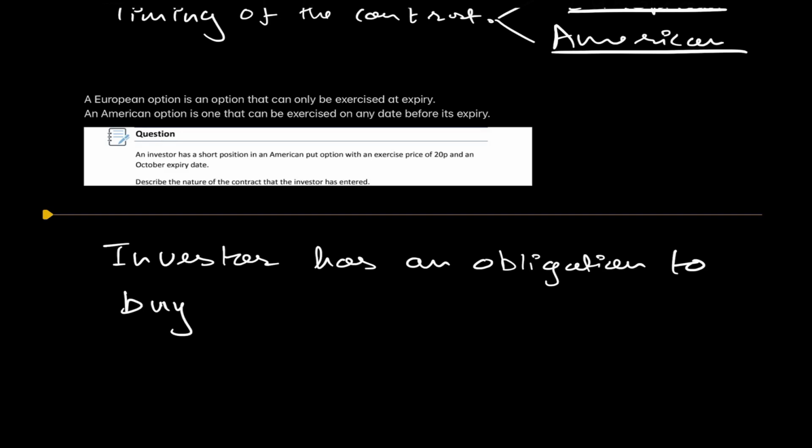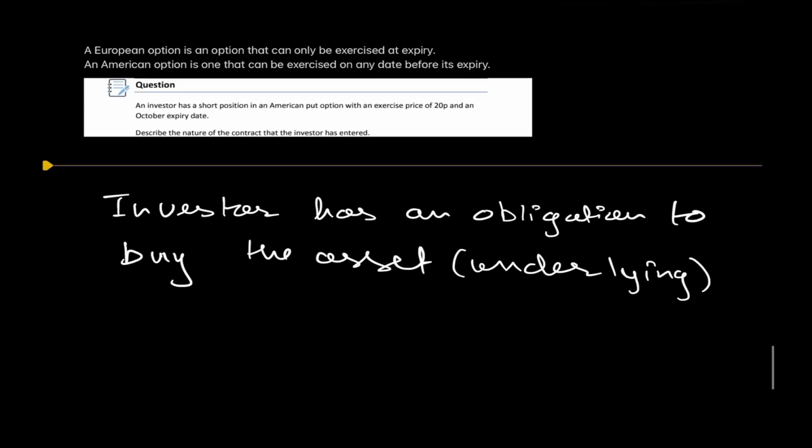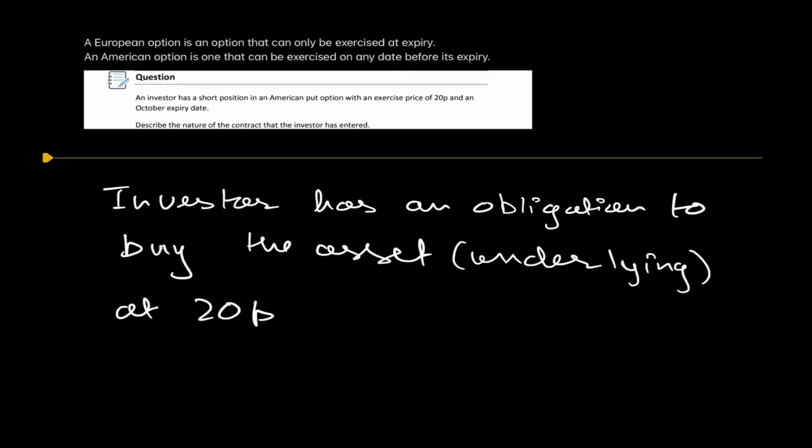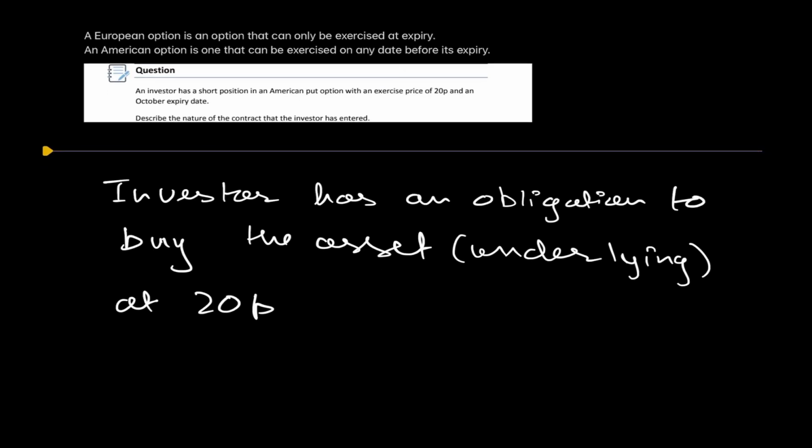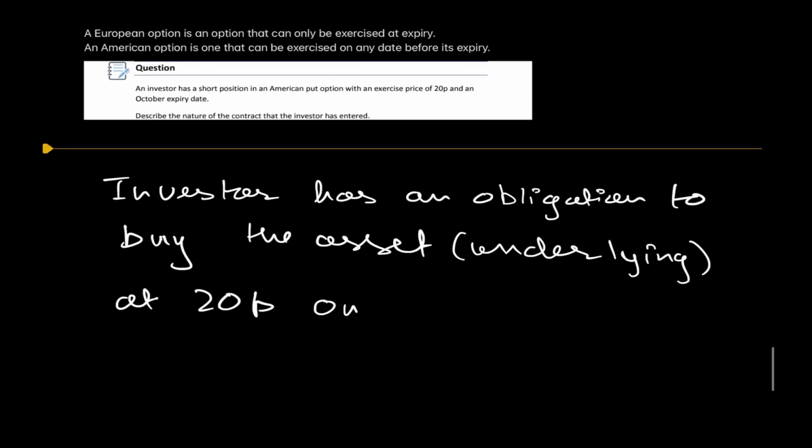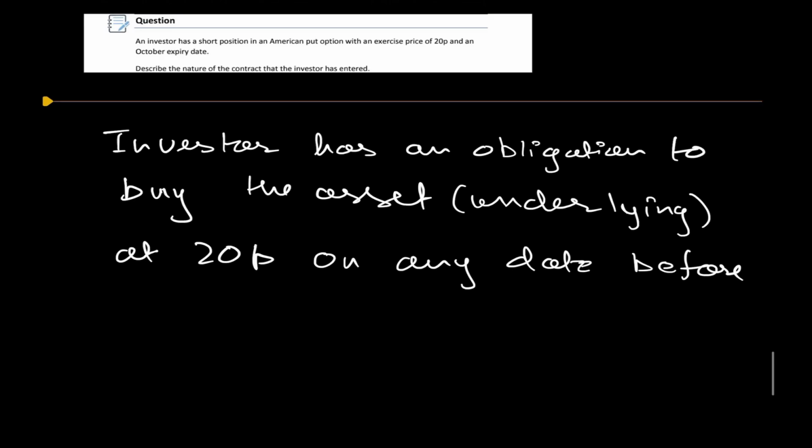Buy the underlying asset at 20 pence on any date before October, right? So it expires in October.